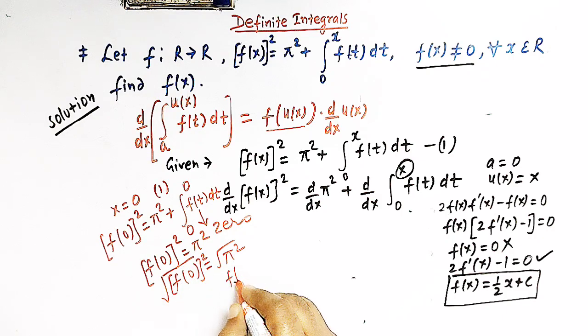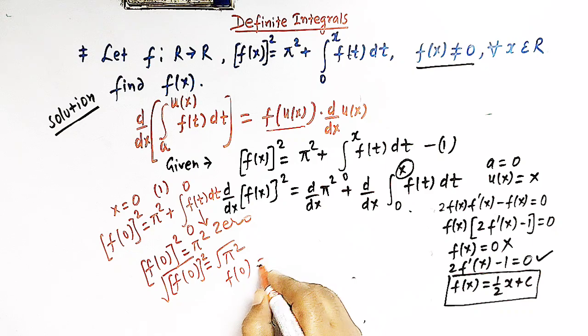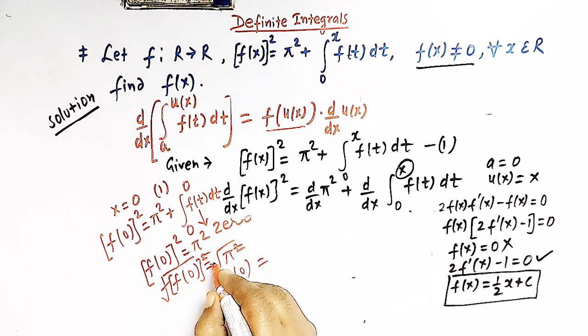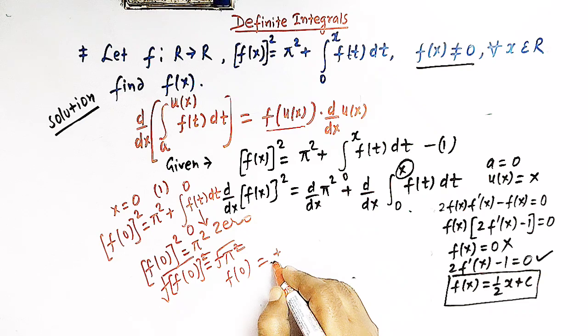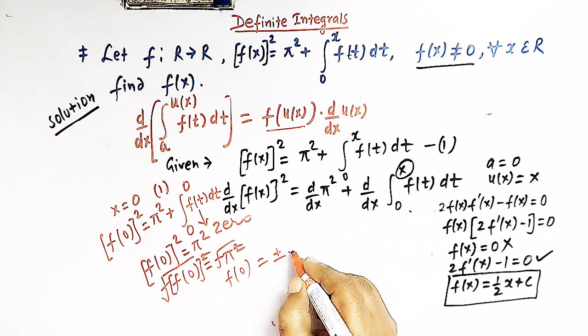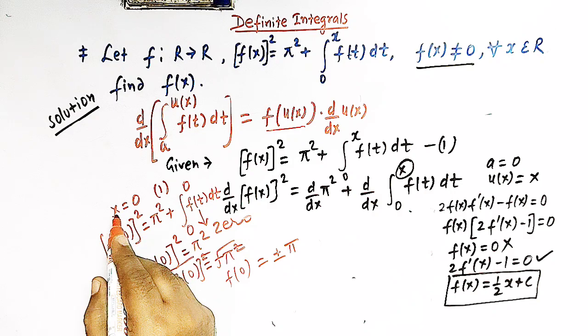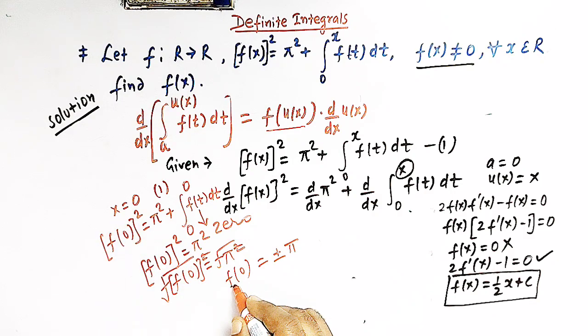So the square and square root get cancelled, and we are left with only f of 0 is equal to plus minus pi, right? So when x is equal to 0, we have f of 0 is equal to plus minus pi.